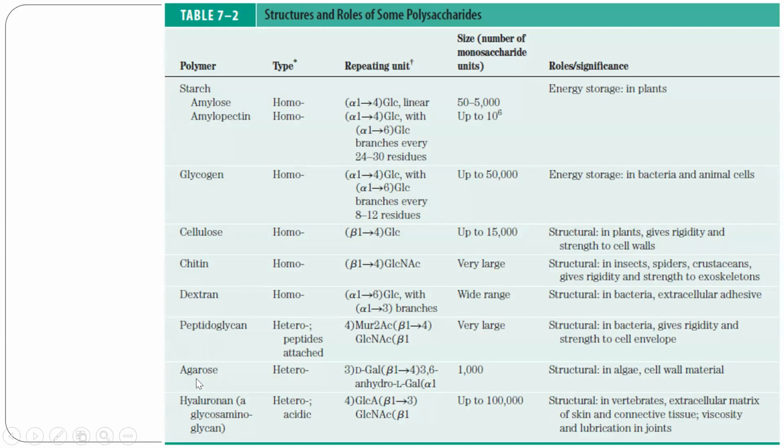Okay, and the two that we didn't mention, there is another one. You have the peptidoglycan. Peptidoglycan is a peptide. There's a peptide bond actually being used, and you find this one in bacteria, which gives rigidity and strength to the cell envelope. So you have the beta 1,4 glucosamine.